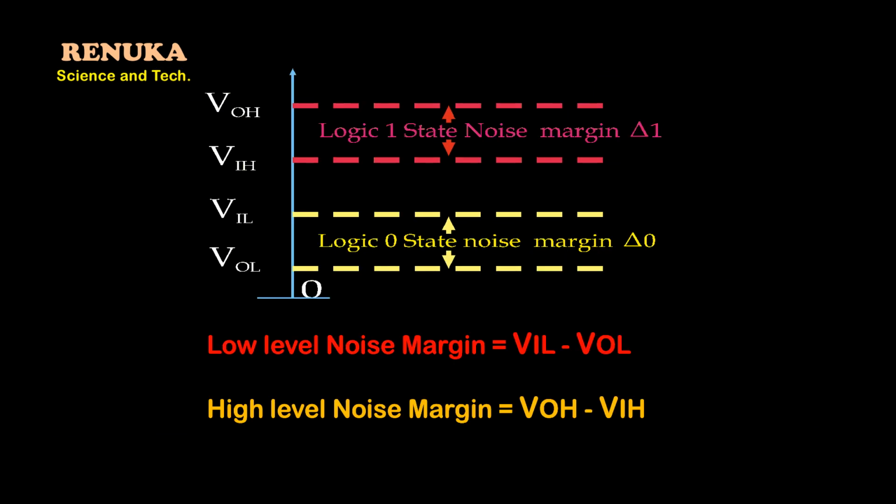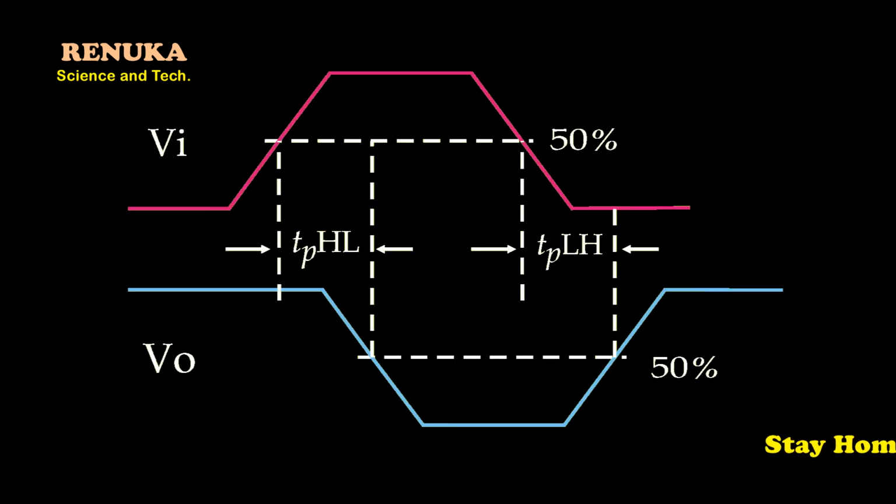The difference between VOH and VIH, that is the high level output voltage and the high level input voltage, defines the noise margin for logic 1. Similarly, if you take the difference between the low level input voltage and the low level output voltage, that defines the noise margin for logic 0. So noise margin is nothing but the qualitative measure of noise immunity of a logic gate, and noise immunity means the ability of a logic circuit to tolerate noise. So this was about noise margin.